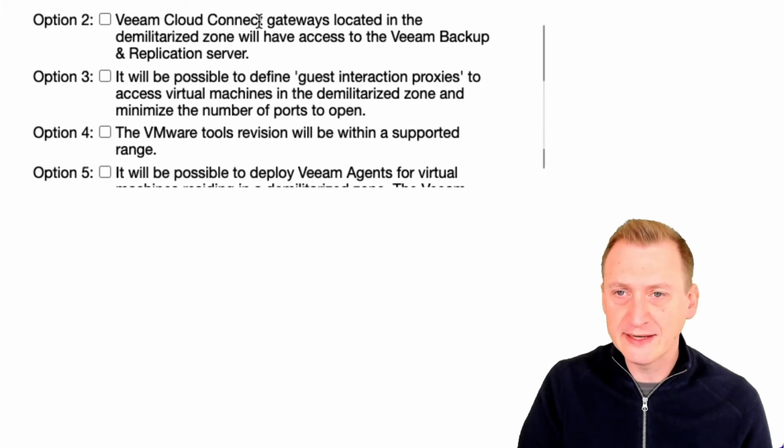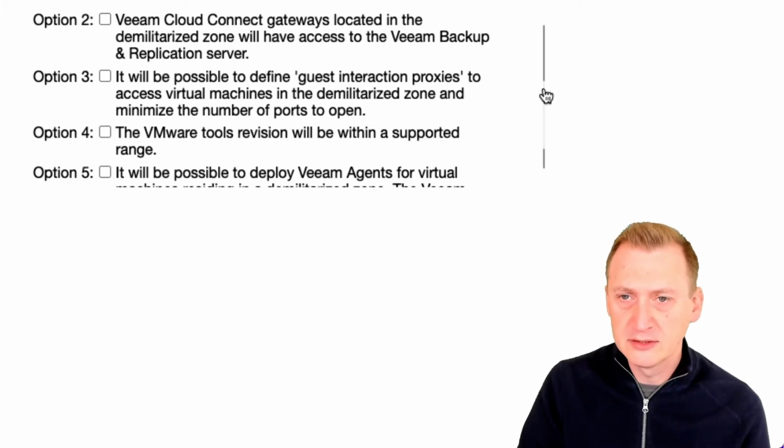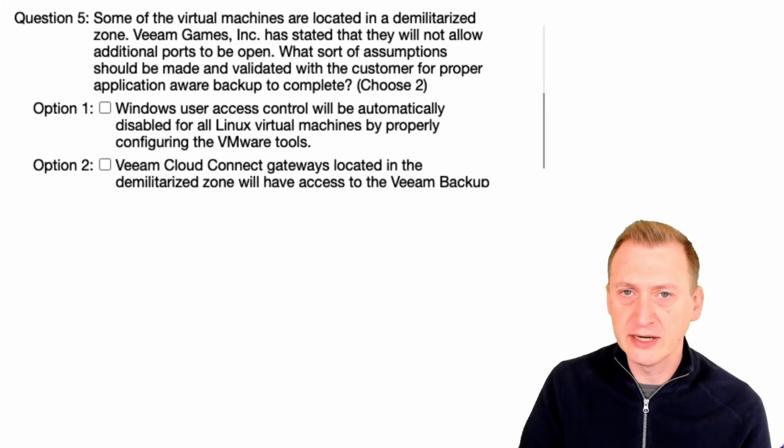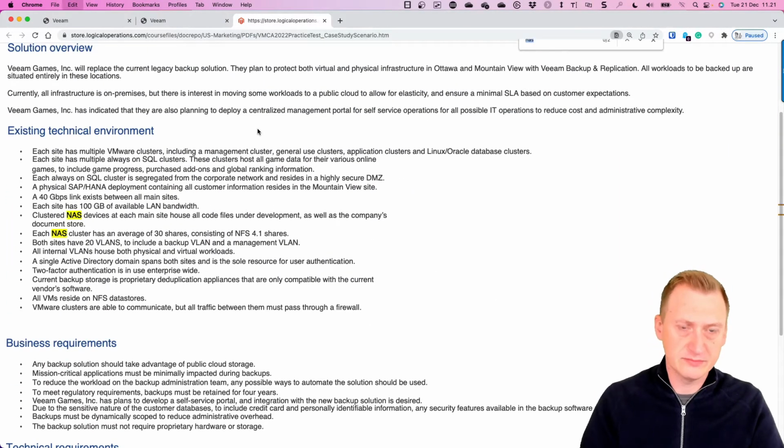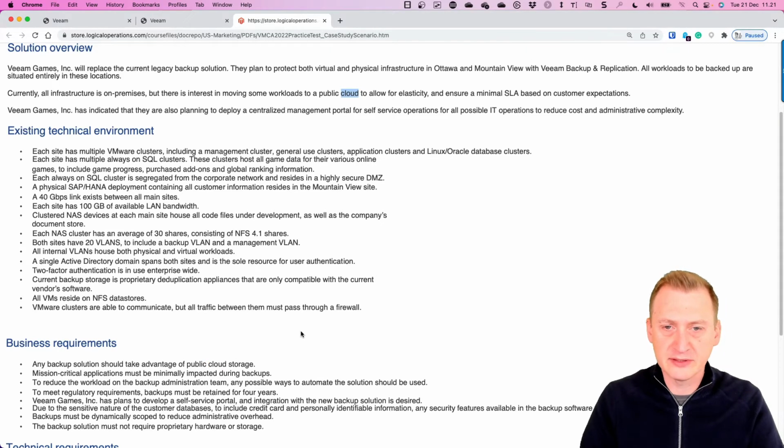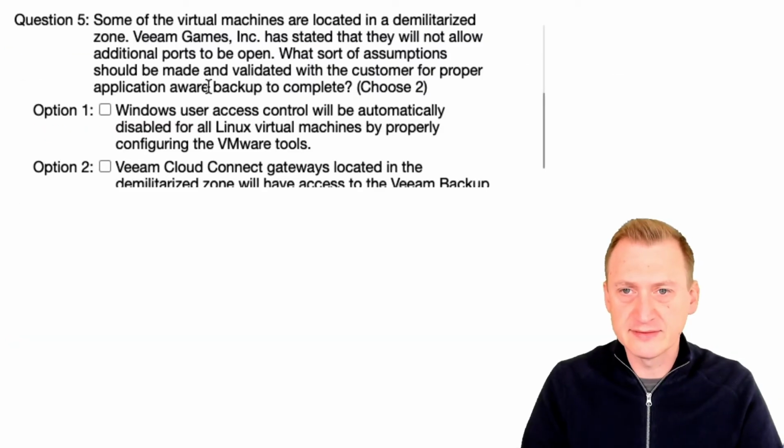Veeam Cloud Connect gateways located in the demilitarized zone will have access to the Veeam backup and replication server. Well, are we dealing with Veeam Cloud Connect at all? I don't think that's the case here. This is a customer, right?